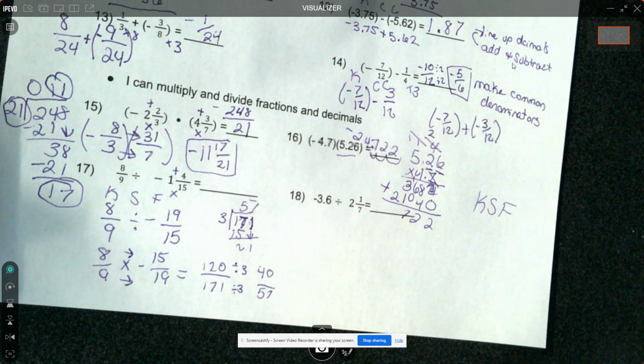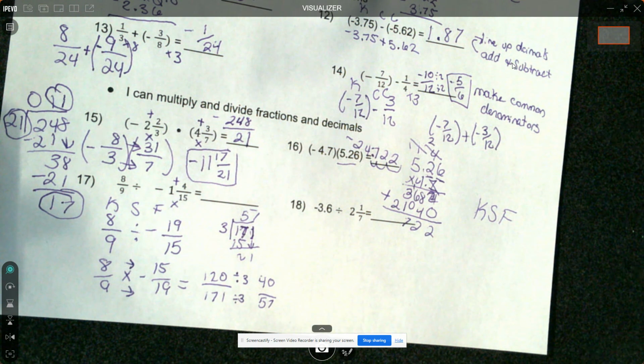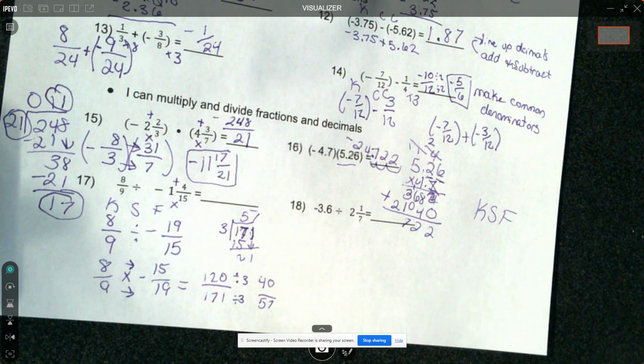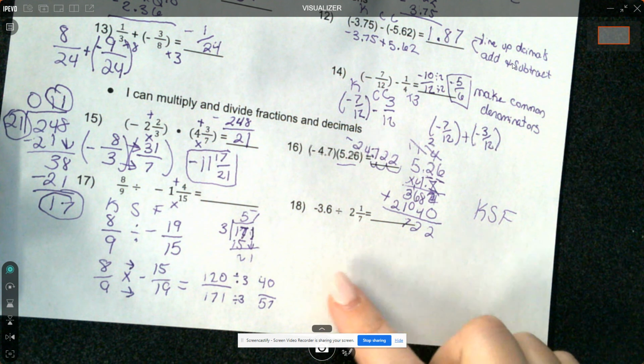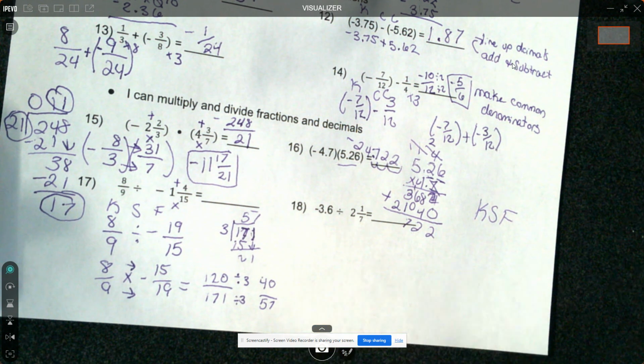I know 2 doesn't go into it. 40 can't be divided by 3. 57 can't be divided by 4. 5 doesn't go into it. For it to be divisible by 6, it has to be divisible by both 2 and 3, which isn't the case. 8, the last 3 digits have to divide by 8.